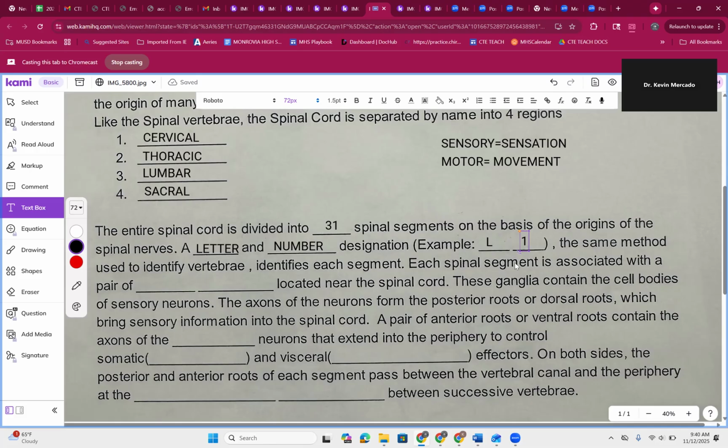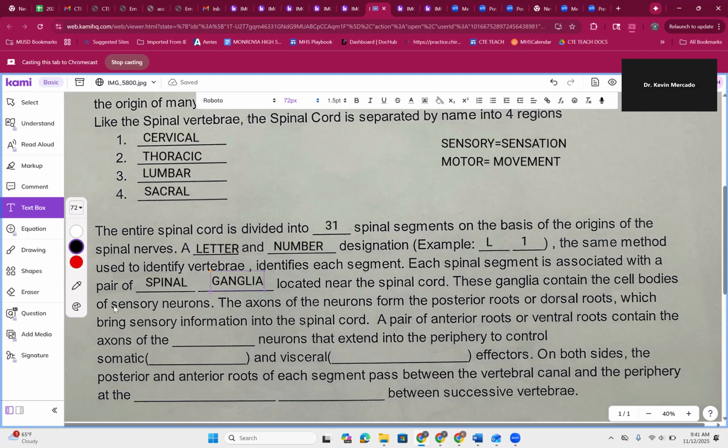So each segment is associated with a pair of spinal ganglia located near the spinal cord. These ganglia contain the cell bodies of sensory neurons.